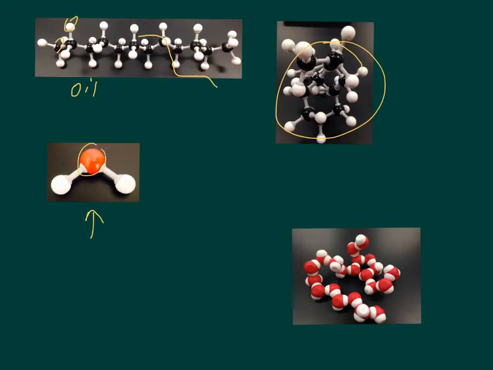There's an oxygen at the top and two hydrogens. Now, when we have an aggregate of water, they actually align themselves up much like the oil chain does. And you'll see that the hydrogens are attracted to oxygens on adjacent molecules and vice versa. So might that have something to do with why oil and water don't mix?